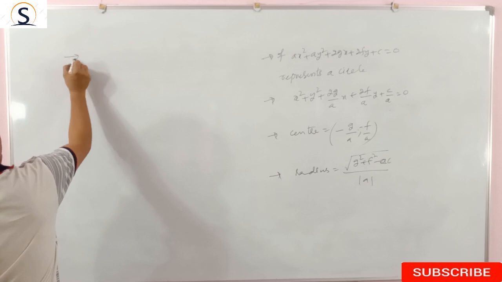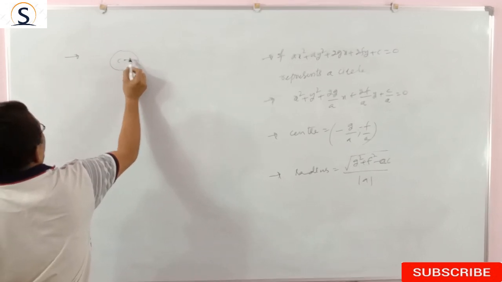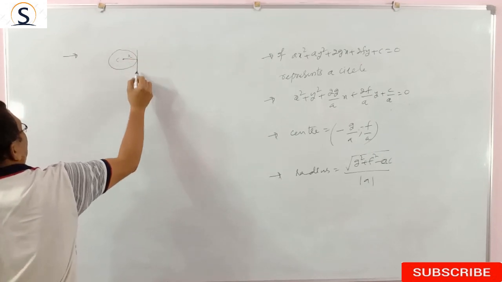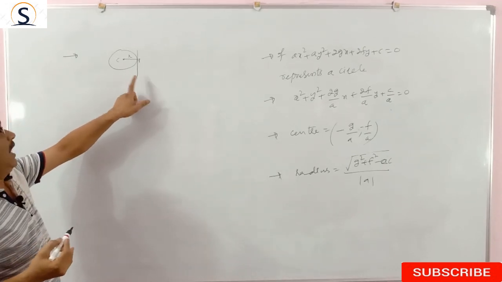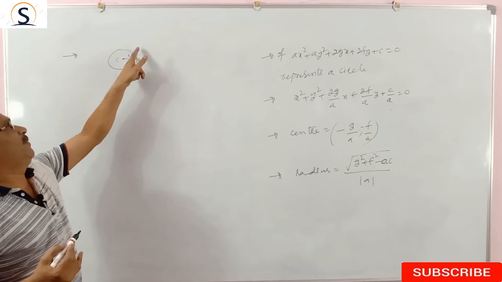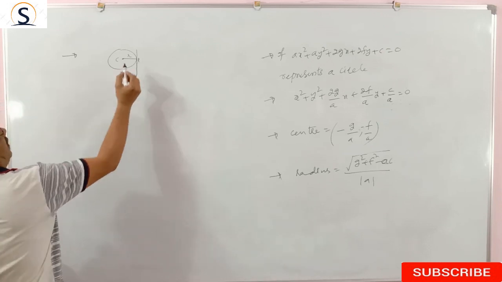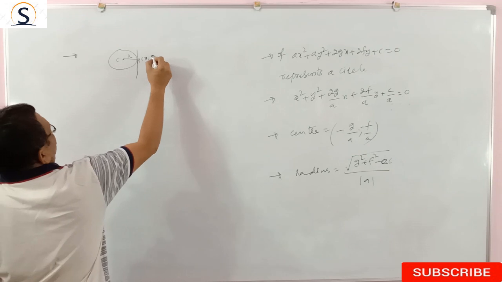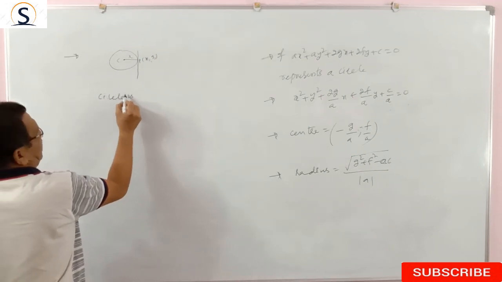For this circle of center C and this radius, suppose here is a line passing through this point P. Therefore, this is called the tangent, and the line passing through the point P perpendicular to the tangent is called the normal.